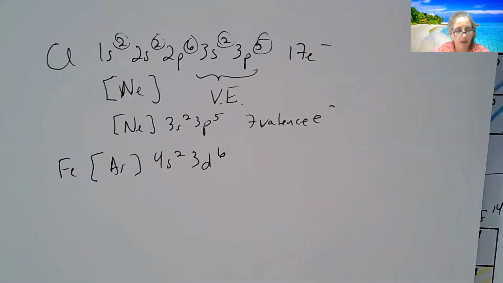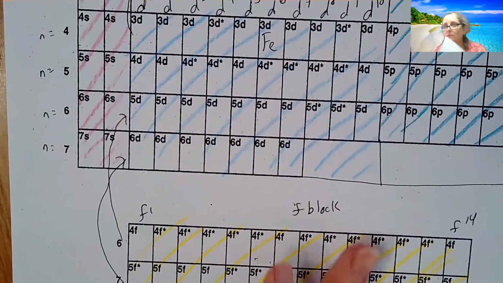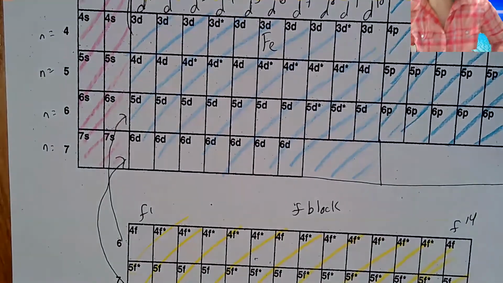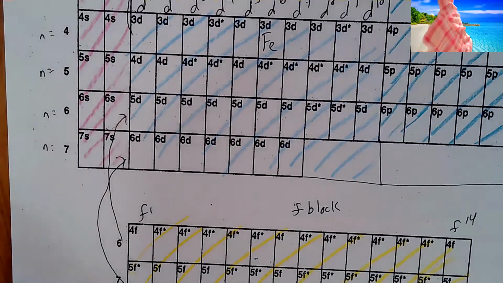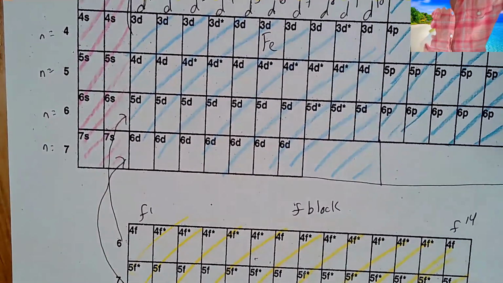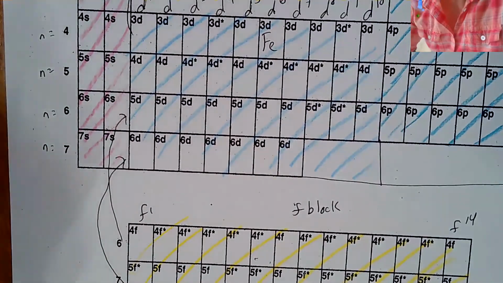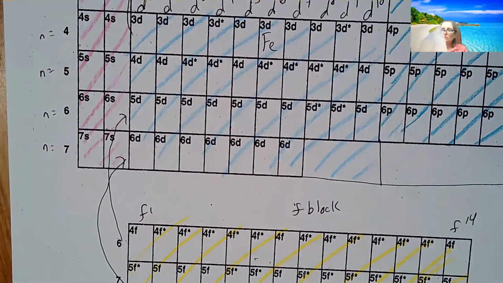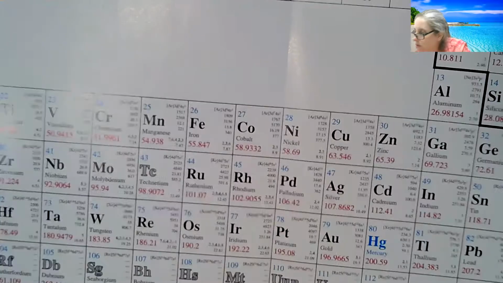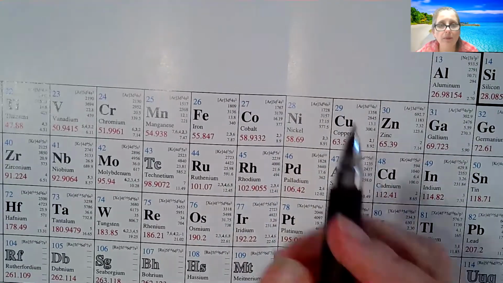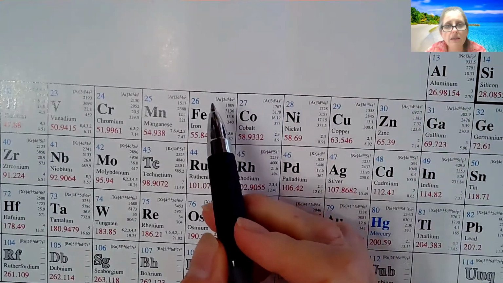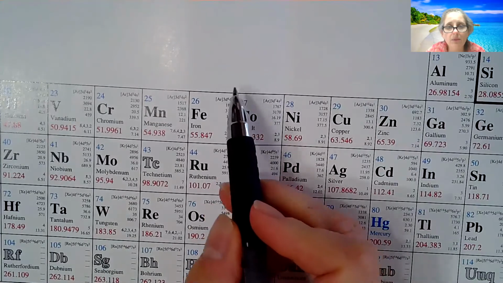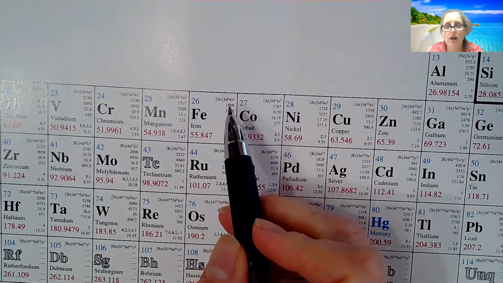So write down 4s2, 3d6 for iron. Okay. And your Flynn periodic table, by the way, has all of your electron configurations. As we do more and more of these problems, you will see that the Flynn periodic table has the electron configuration on the top.